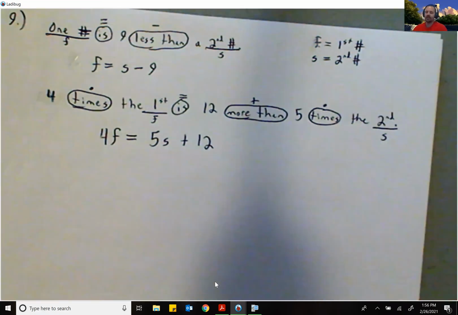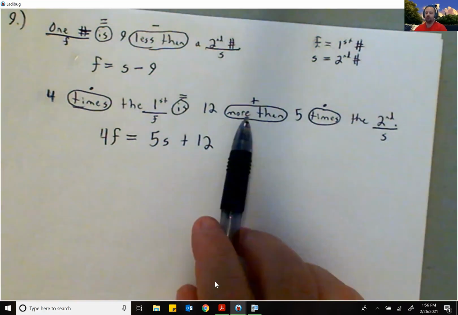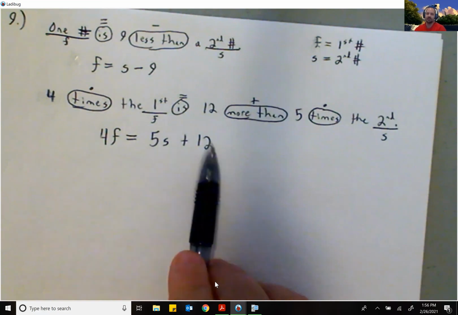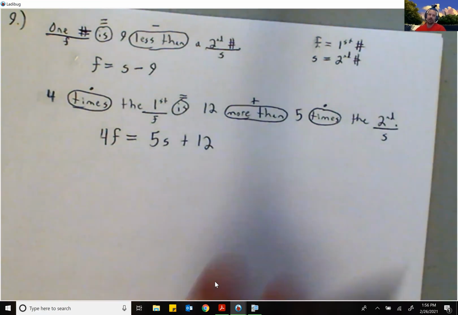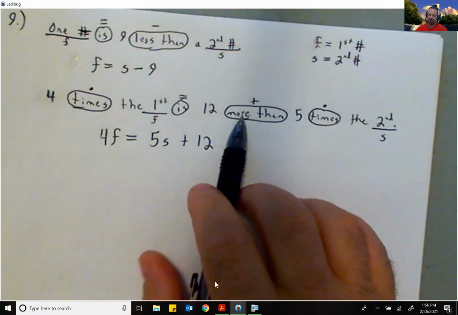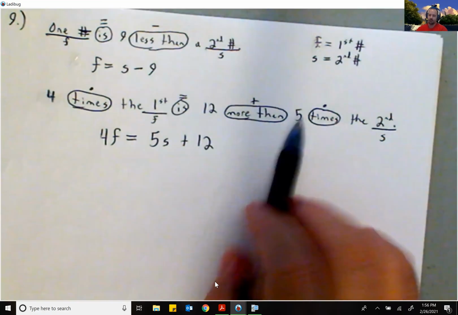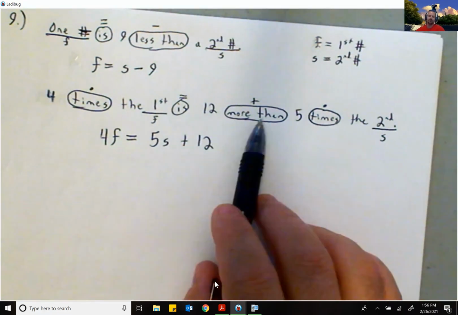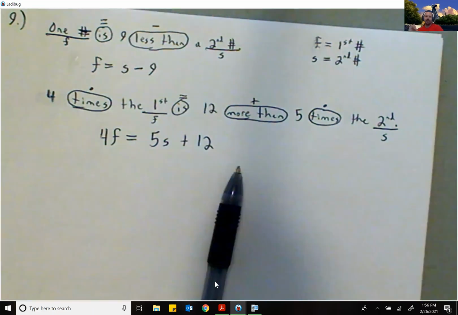Now, I will let you know that in this one, if you wrote 12 plus 5S, that is perfectly a-okay as well. Even though technically more than, just like less than, is written backwards, the reason I can switch it on addition is because it doesn't matter how you add. 2 plus 3 is the same thing as 3 plus 2.